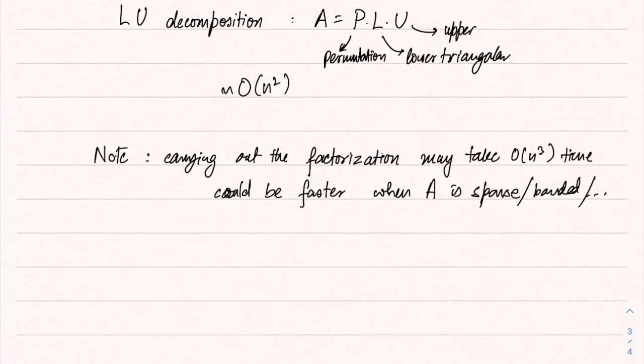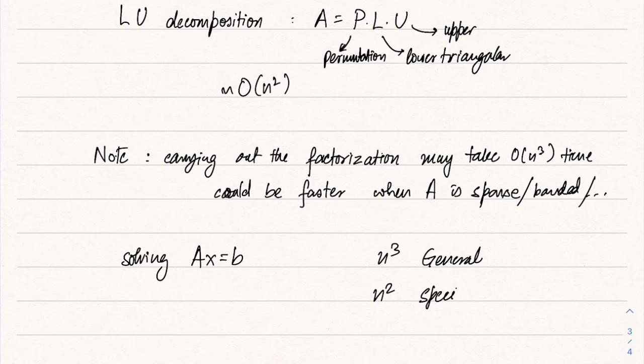In general, solving AX equal to B takes n cube, but it could take n square in special cases. In most of the special cases it actually took n square, so it is worthwhile to invest in trying to find the structure so that we can reduce the complexity and get the order n square complexity, and that allows us to implement Newton method for much larger systems.